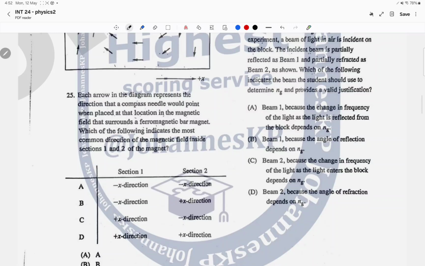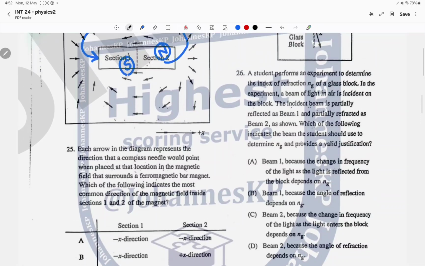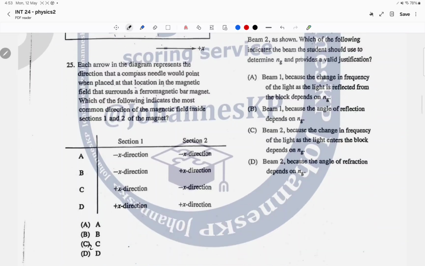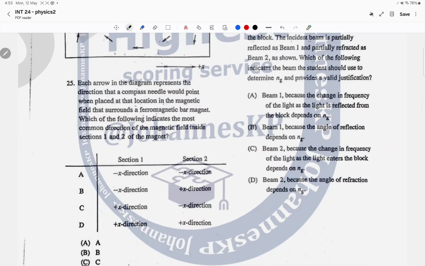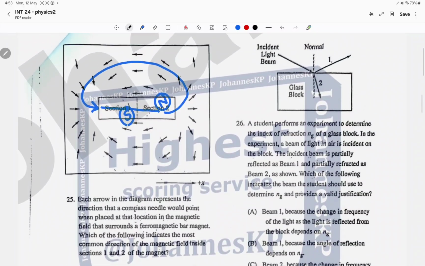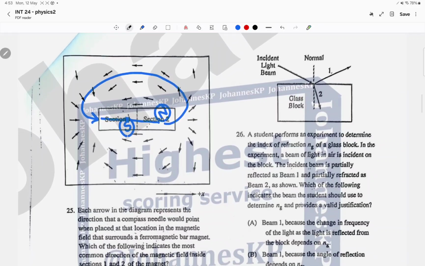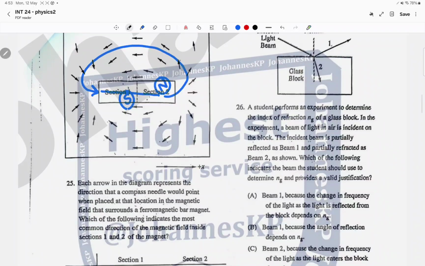And in terms of section 2, also in the plus x direction, right? Because you have to connect them. So it's going to be choice D. Okay? We good so far?